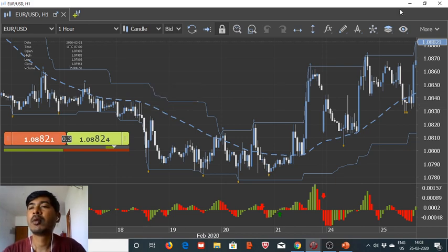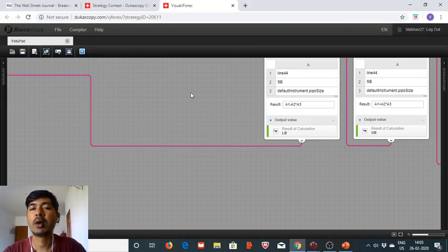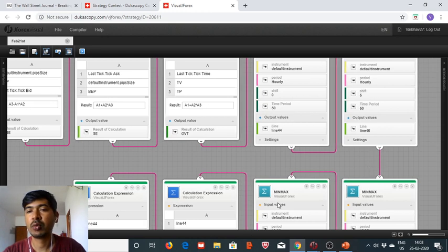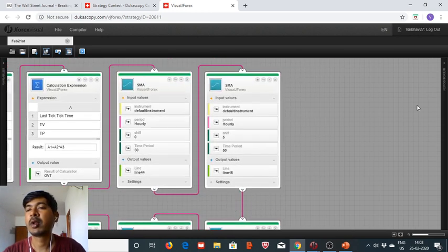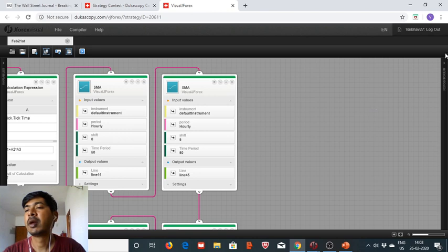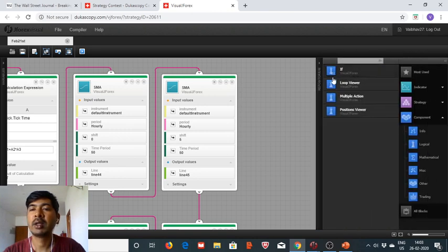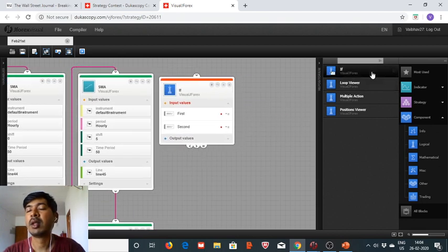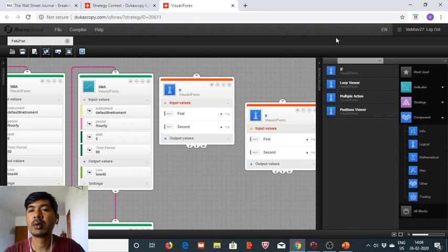But one more thing is that we also add the if condition to clearly demonstrate that SMA should be rising when the buy trade is going to happen, and SMA should be falling when the sell trade is going to happen.